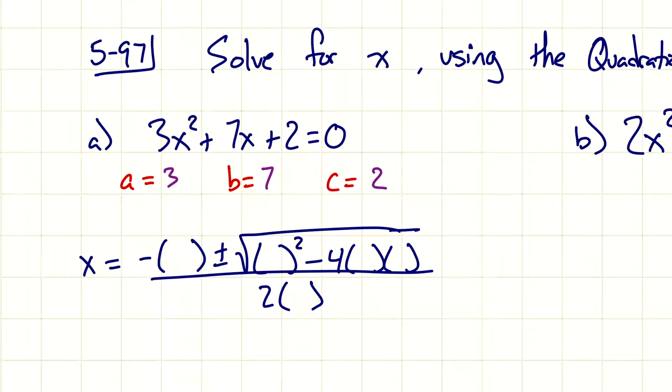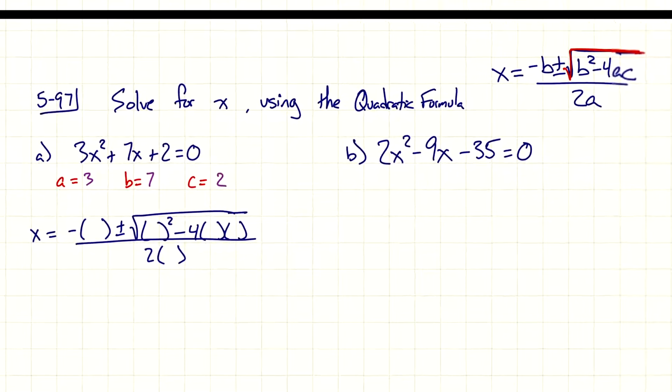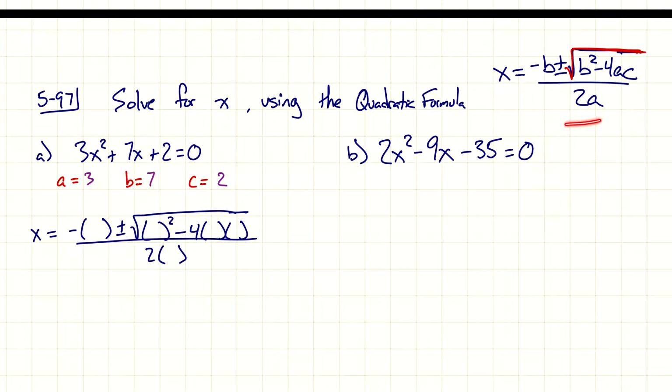Make sure you look back at your formula. If you don't have your formula, have it near you and say, okay, first I'm going to put the b's in. That's 7, 7, and then A is 3, and then C is 2, and then A at the bottom is going to be 3.